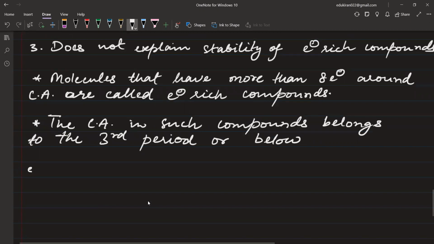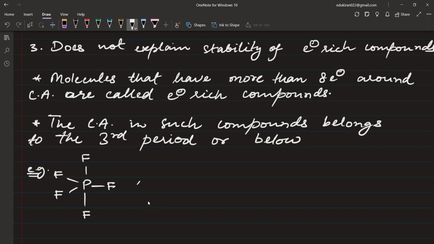For example, you have PF5. Okay, you will add the lone pairs for fluorine. Similarly, you can have SF6. As you can see, all of these are having more than 8 electrons.